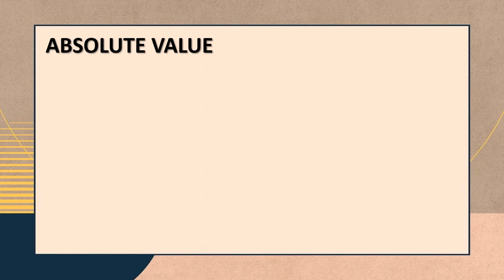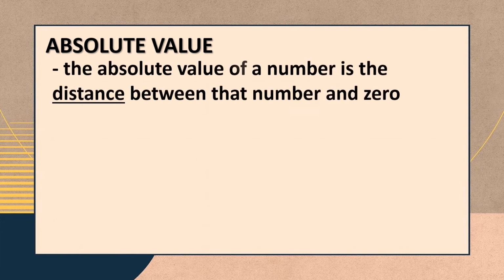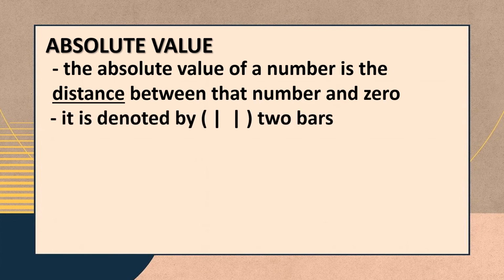Absolute value. What is the absolute value? The absolute value of a number is the distance between that number and 0, and it is denoted by the symbol of 2 bars. Example, we have absolute value of positive 3 that is equal to 3.